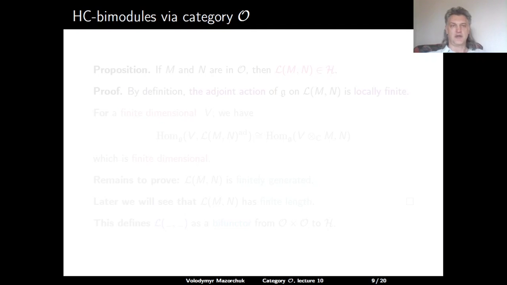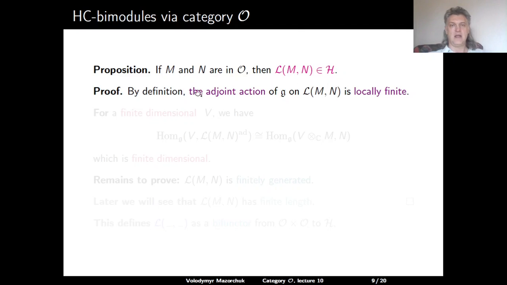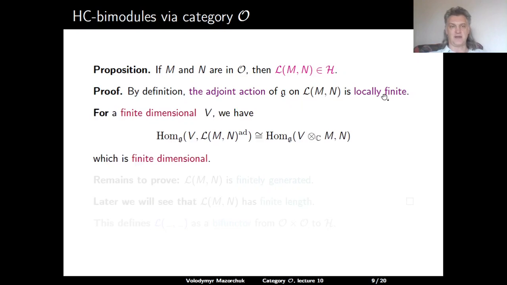So let us now connect category O to Harish-Chandra bimodules. We claim that for any modules M and N in O, the corresponding G-G bimodule L(M,N) is a Harish-Chandra bimodule. By definition, the adjoint action of G on L(M,N) is locally finite.